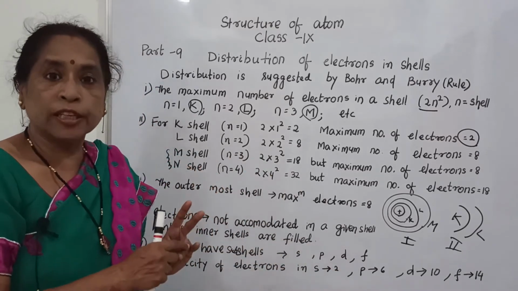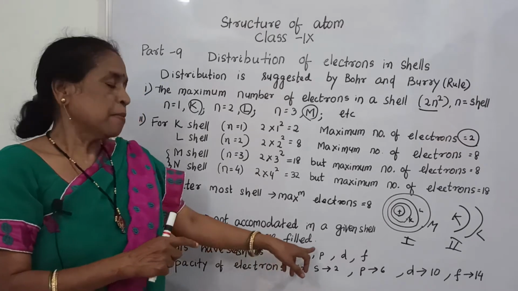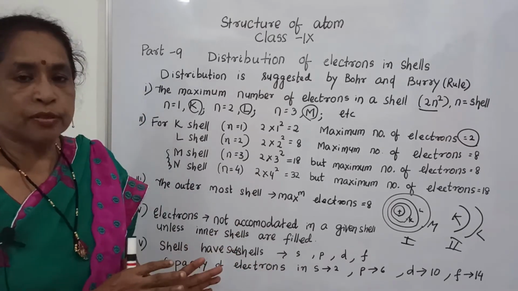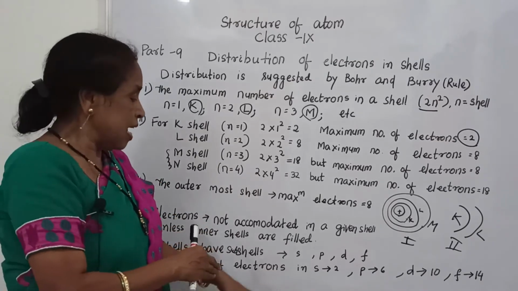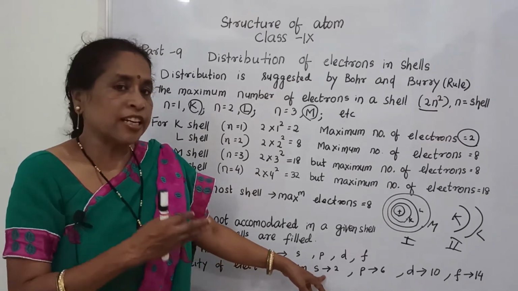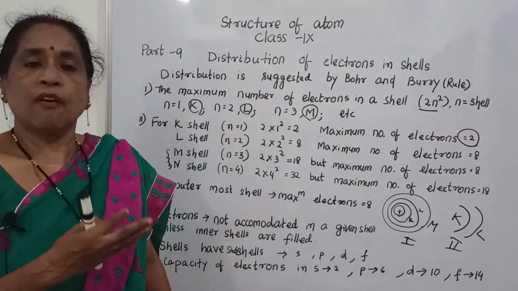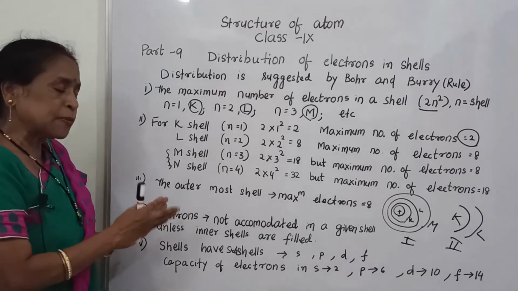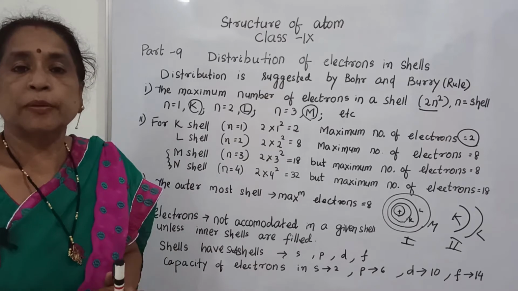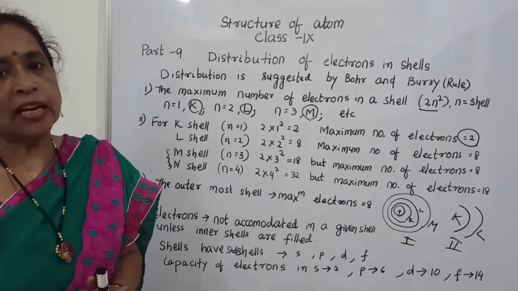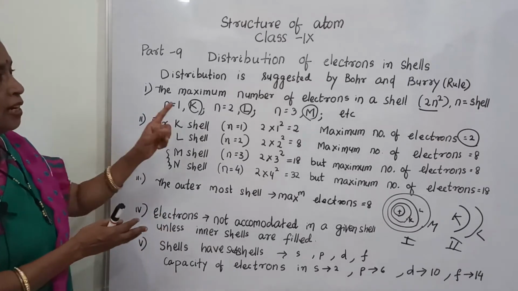What is the capacity of electrons in a subcell? s can contain 2 electrons, p 6 electrons, d 10, f 14. All of this about s, p, d, f and their electron capacity will be clear in the class 11 atomic structure chapter. I hope it is clear.